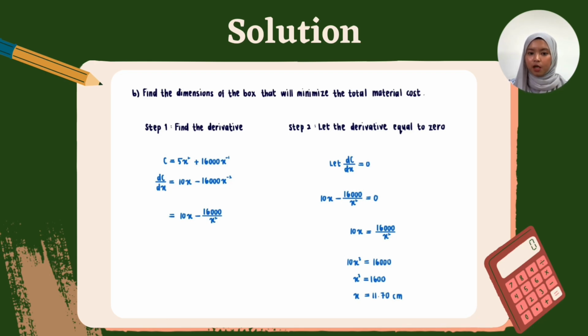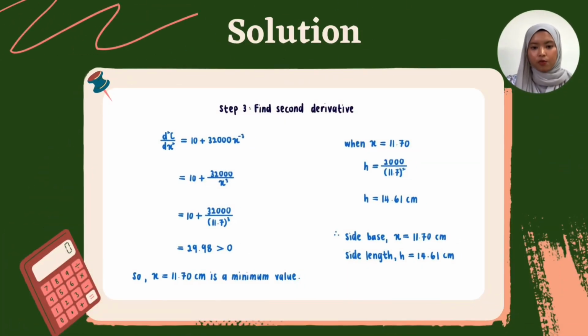And then multiply both sides by x squared to eliminate the denominator, so that we get 10x cubed equal to 16,000. Now, divide both sides by 10 and we get x cubed equal to 1,600. Finally, take the cube root of both sides using the calculator, and we find that x equal to 11.7 cm.